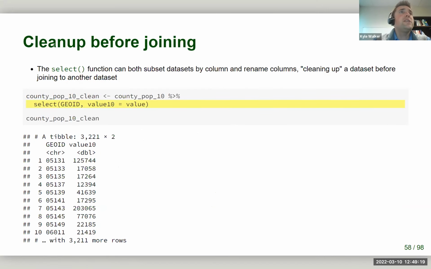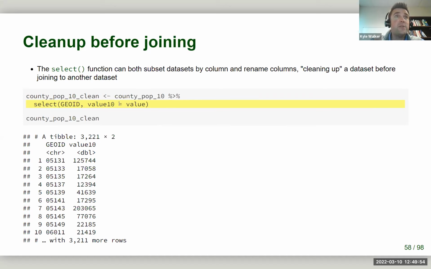And so what I'm going to do is go back to the handy select function. And an extra bonus of the select function is that while you're selecting, you can actually rename your columns in the process. So what I'm doing is creating an object here called county_population_10_clean that is derived from my population_10 data set, where I take that data set, then I select the GeoID column and the value column as value10.